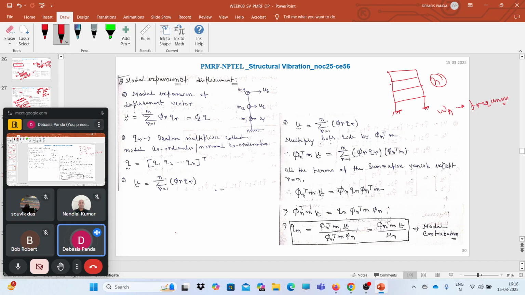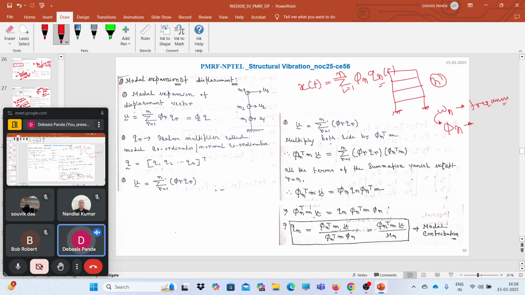Now, if I want to solve the response of the system, and I know the deflection pattern, that means the mode shape corresponding to each of these natural frequencies, I can find the physical response. X of t, or u of t, is nothing but the summation i equals 1 to n of phi n and q n of t.